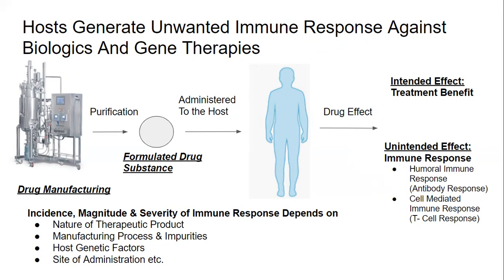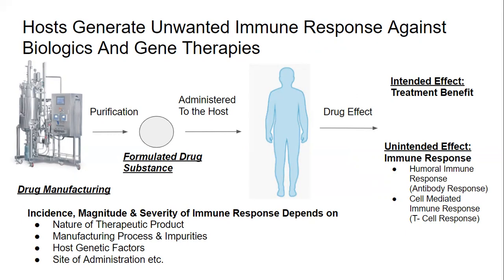The incidence, that is the magnitude and the severity, of these immune responses depends on various factors. One, it could be the nature of the therapeutic product. The manufacturing process and impurities also play a vital role in the generation of immune response.